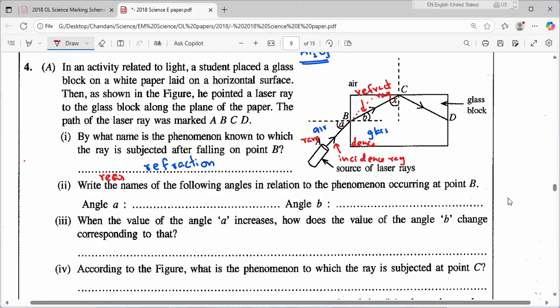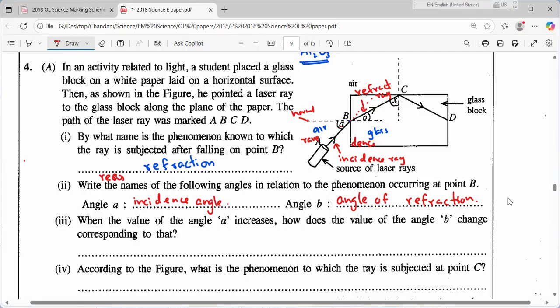The angle between the incident ray and the normal we call the angle of incidence. And the angle B is the angle of refraction.